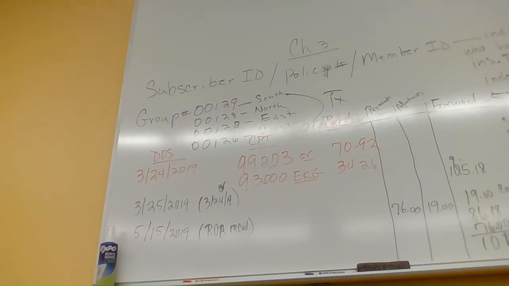Now, the next line is the May 15th. That's the receiving of payment. So now you're gonna put May 15th here. And you would put ROA Blue Cross Blue Shield.